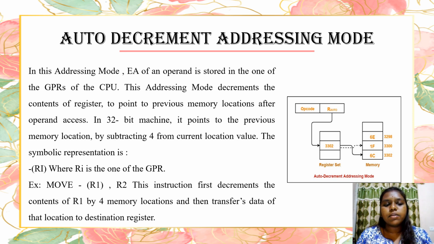The symbolic representation is -(Ri), where Ri is one of the GPR. Example, move -(R1), R2. This instruction first decrements the contents of R1 by 4 memory locations and then transfers the data of that location to destination register.